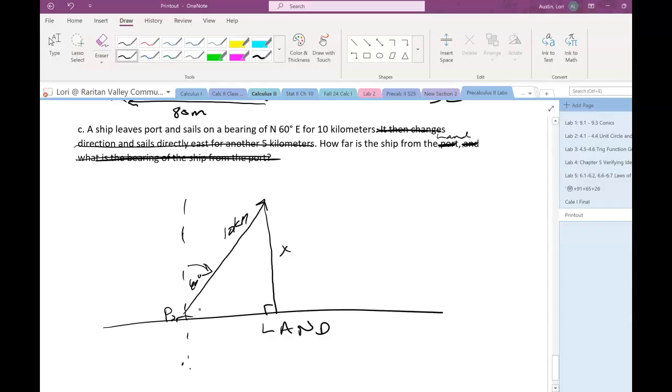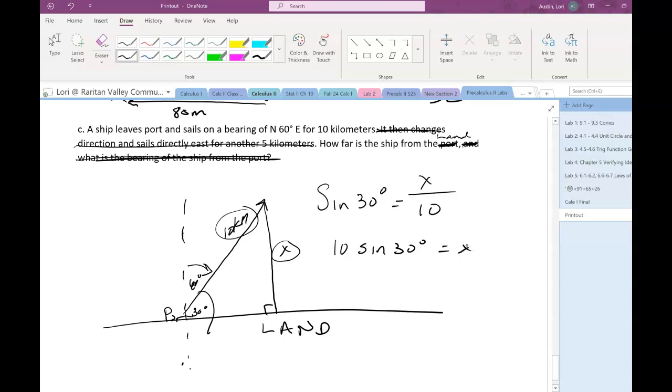So again, I will update the problem on the sheet in a little bit. If this is 60, that has to be 30 degrees because I have to reach up to 90. So you're looking at your angle. You need this side. You're given a hypotenuse, and you have to think about which trig function. It's simply going to be sine 30 degrees equals x over 10 kilometers. So it's 10 sine 30 equals x. Grab your calculators, make sure you are working in degrees.